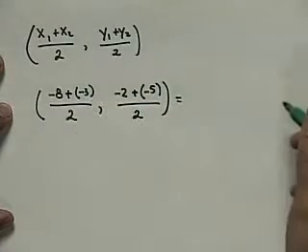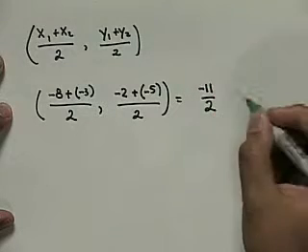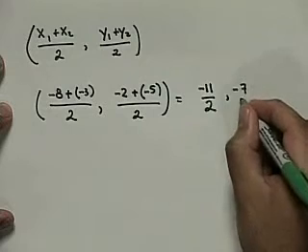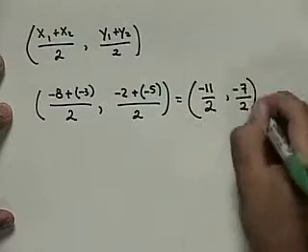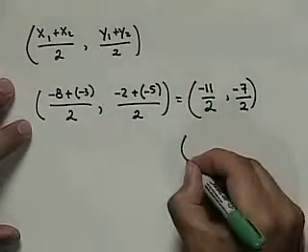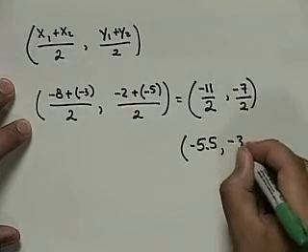Negative 8 plus negative 3 gives us negative 11, and negative 2 plus negative 5 gives us negative 7. Dividing both by 2, we end up with the midpoint of this segment located at the point (-11/2, -7/2), or if you change that into decimals, (-5.5, -3.5).